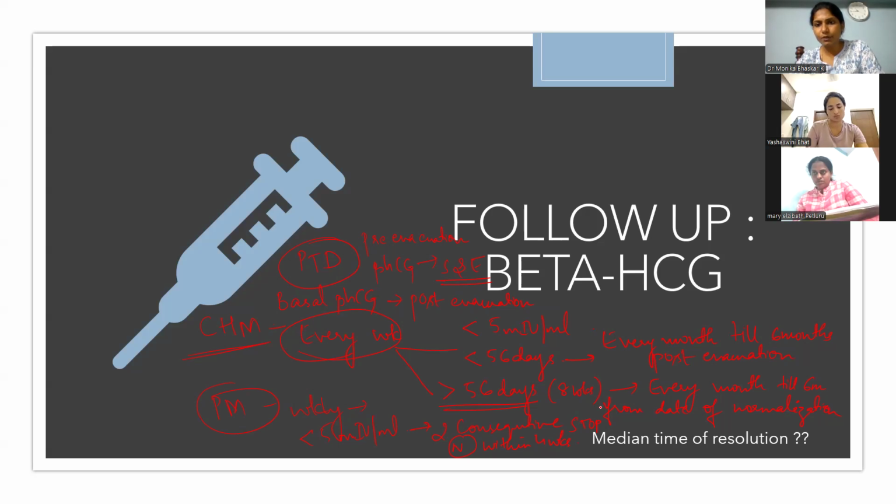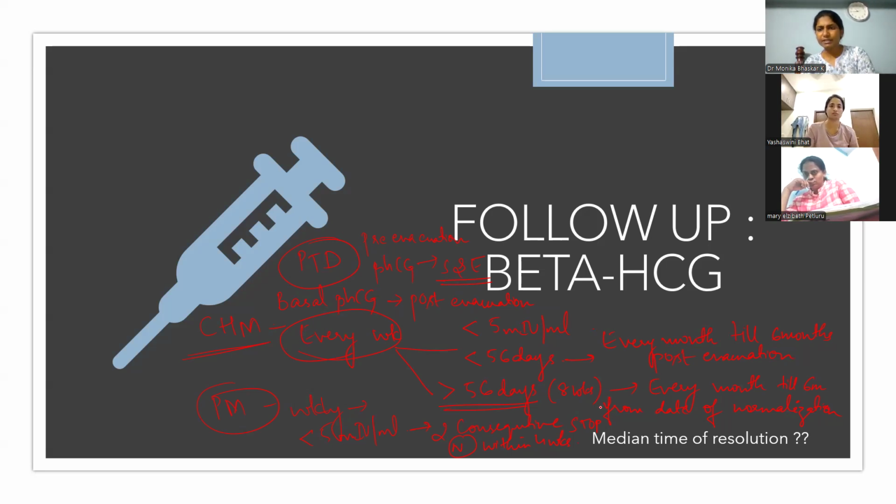But for a complete mole, if it comes back to normal within 8 weeks, you have to do monthly follow-up for 6 months. If it has not come back to normal till 8 weeks, then you have to do monthly follow-up from the date of normalization. So this is how we do a follow-up of beta HCG.